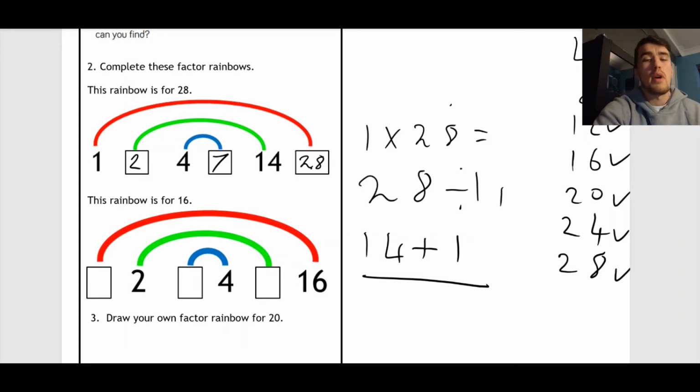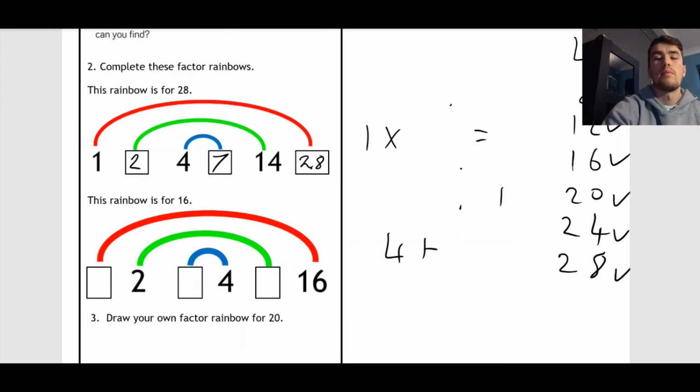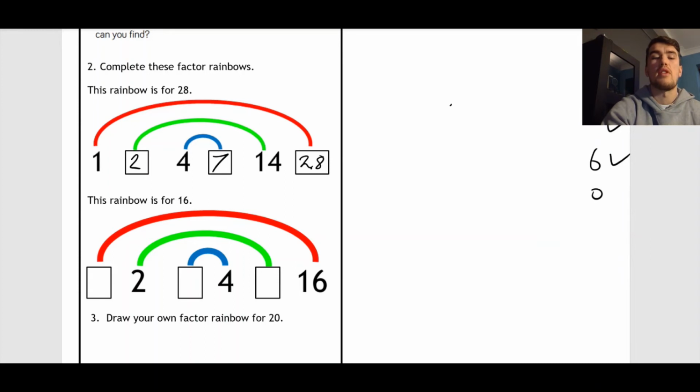The next rainbow is for 16. Pause the video and have a go. Right, hopefully you should be getting a little bit more confident with this now. So let's have a look. Something times 16 equals 16. A nice easy one to start with.